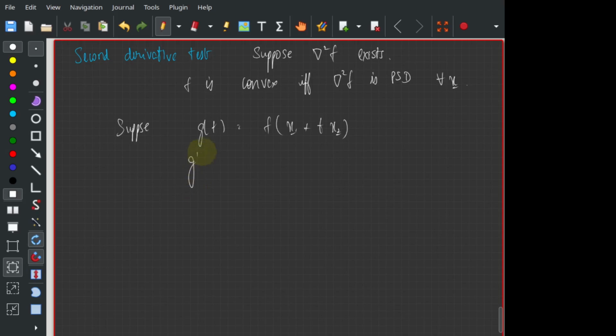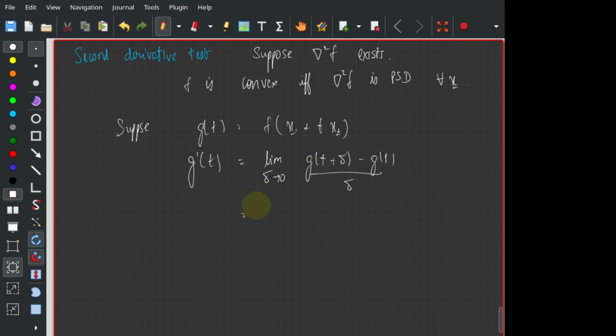So what can you say about the first derivative of g? This is just the limit as delta tends to 0 of g of t plus delta minus g of t, whole divided by delta.